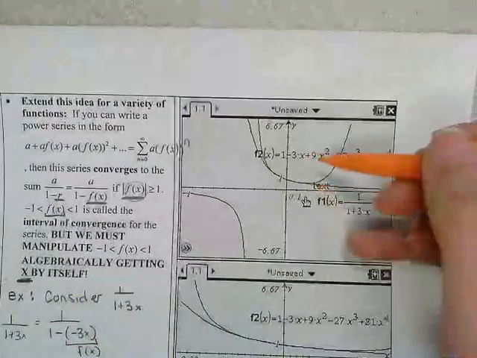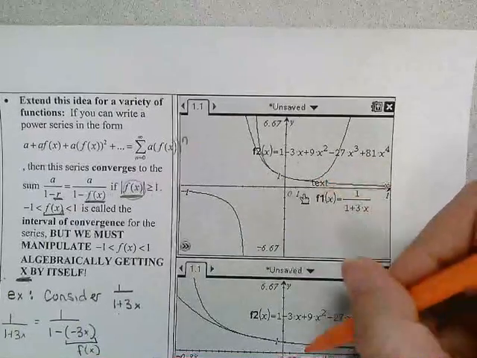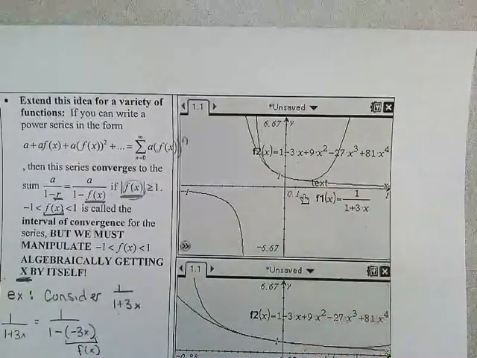And actually, if you look at the function of these two, what do you observe as you compare the two graphs?